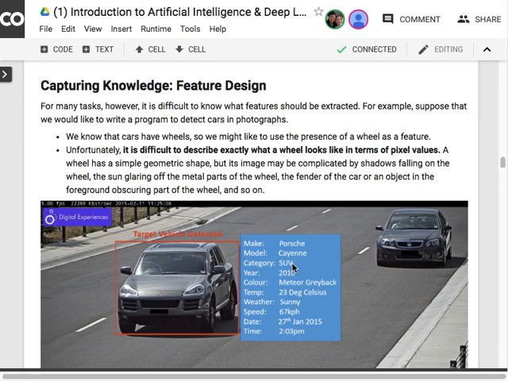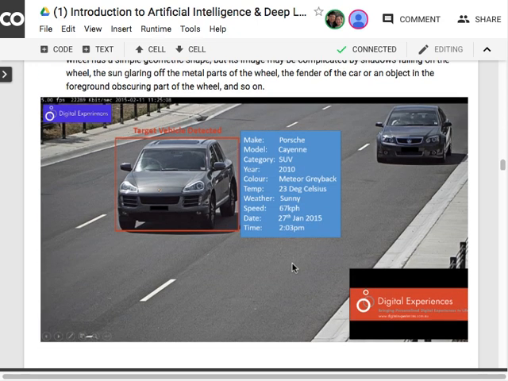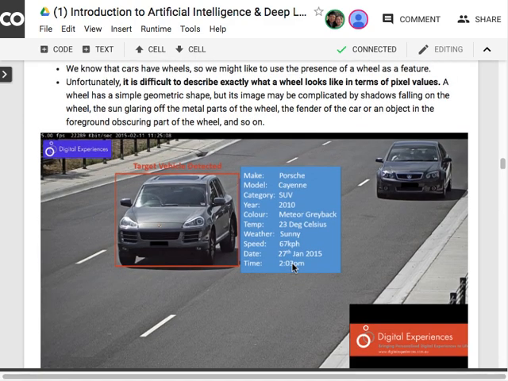So the conclusion is that even if the human writes down the code to detect some part of the wheel to get the car, it's still impossible, because the human needs to write feature extraction code to cover all possible situations in the picture.